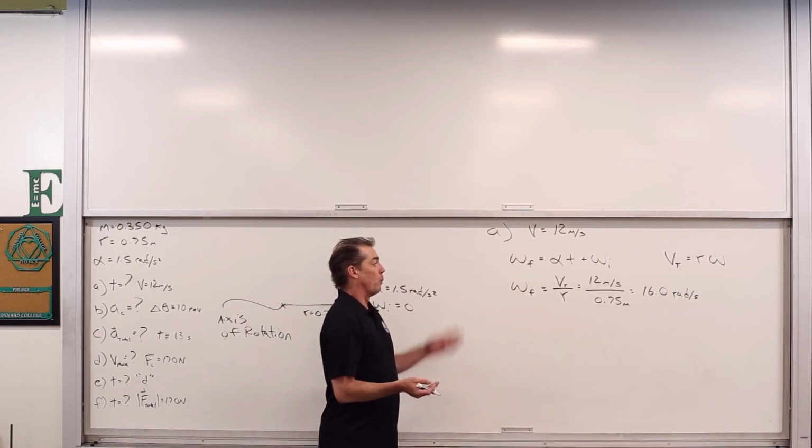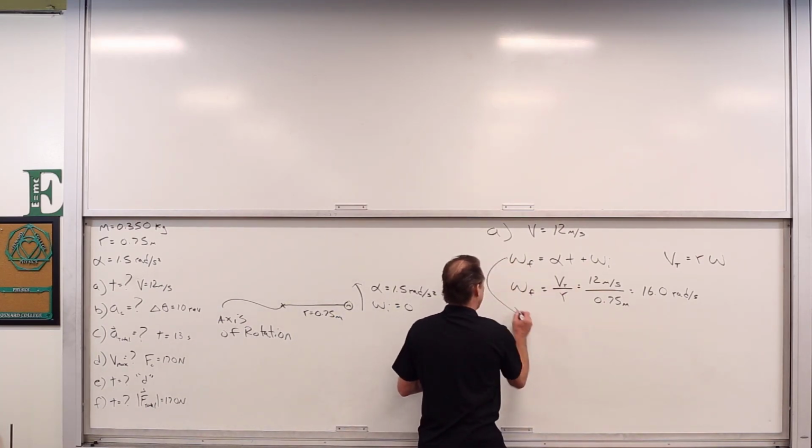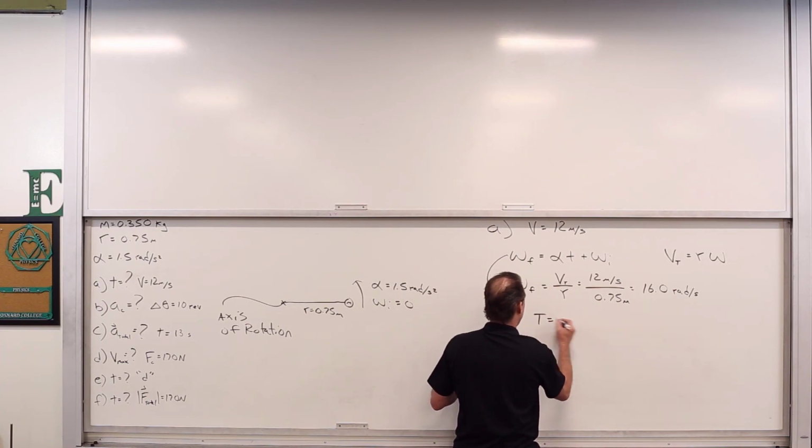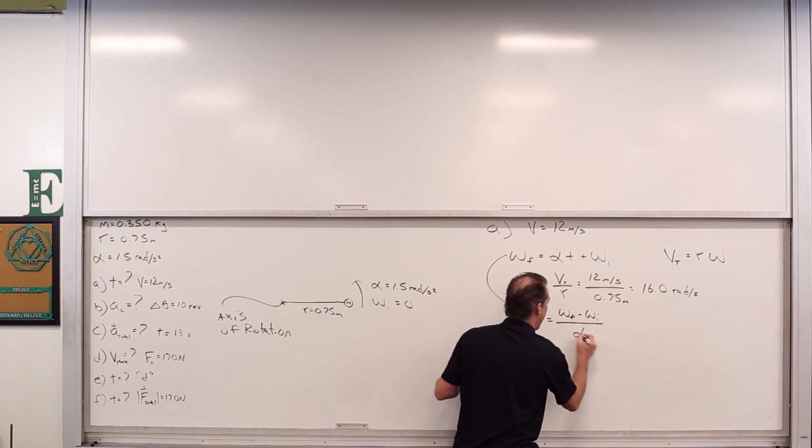So now it's just a matter of when that occurs in time. We can solve this for time, and get that the time is equal to omega final minus omega initial divided by alpha.